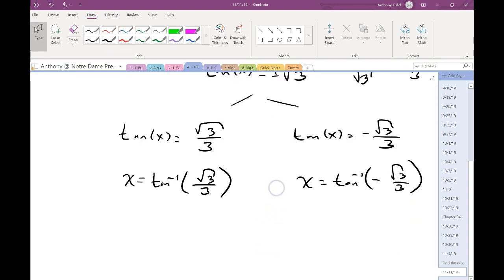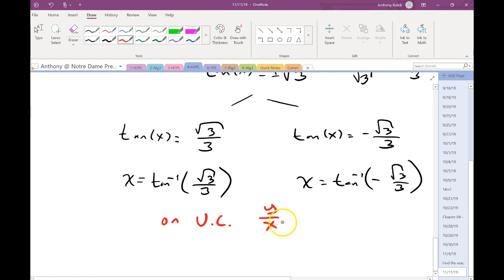And now what? I go to the unit circle. Now, what am I looking for on the unit circle? Yeah, I'm looking for y over x. So where am I looking?